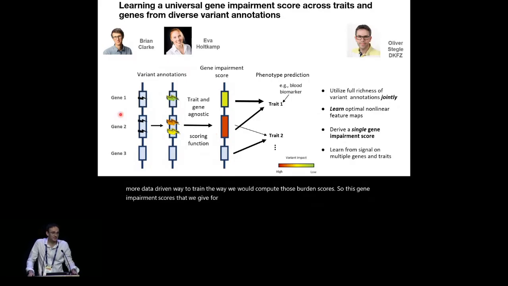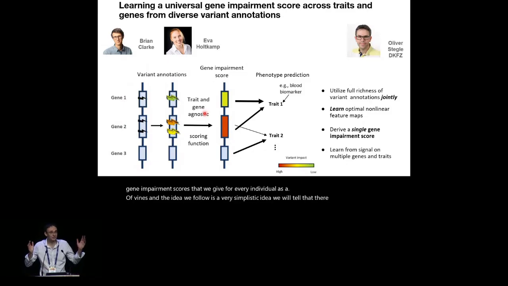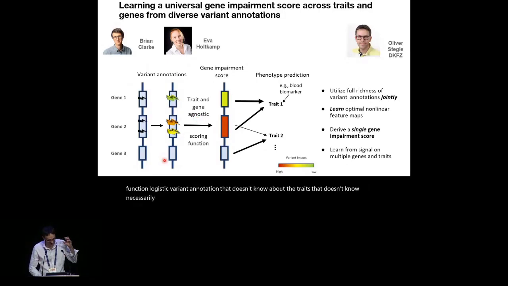The idea we follow is a very simplistic idea. We say that there is a universal function that just takes variant annotation, that doesn't know about the trait, that doesn't necessarily know about the gene function, and will score at the gene level a degree of impairment.